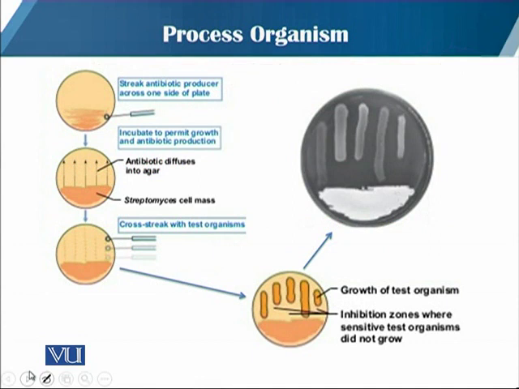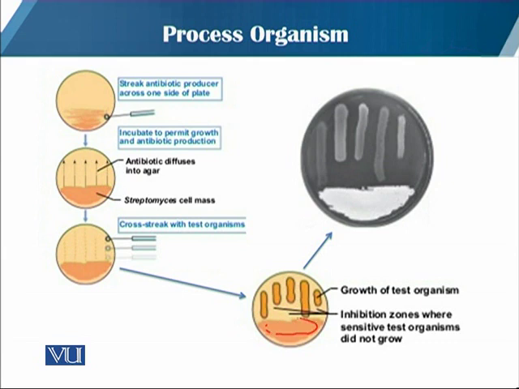You can see in this slide how we can use antibiotic resistance screening for the isolation of that microorganism. You can see here that we streak the antibiotic producer across one side of the plate, and then it will diffuse into the agar, and then we streak our test organisms.